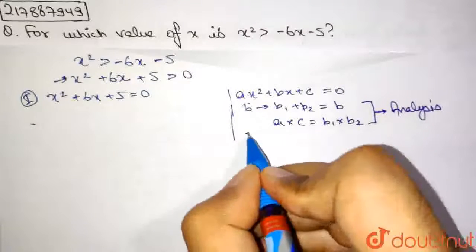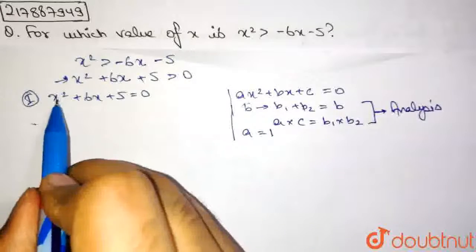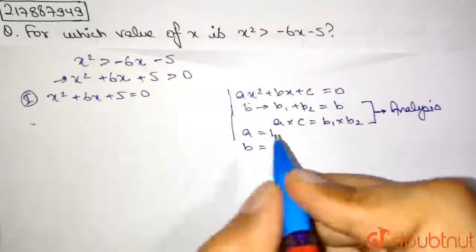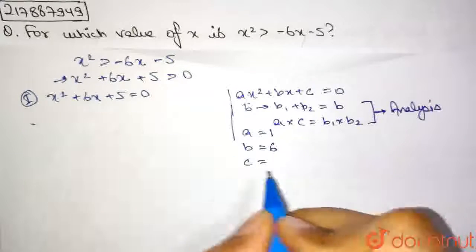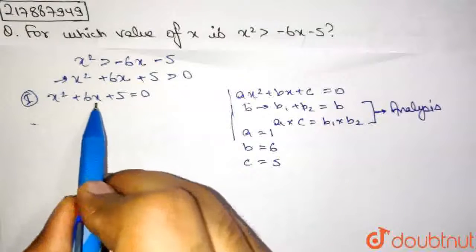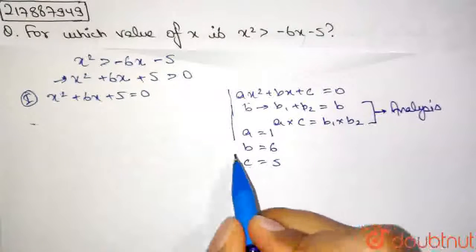Now here in this question, I can see that a is equal to 1 because the coefficient of x square is 1, b is equal to 6 and c is equal to 5, right? Because ax square plus bx plus c, so b is 6, c is 5 and a is 1.